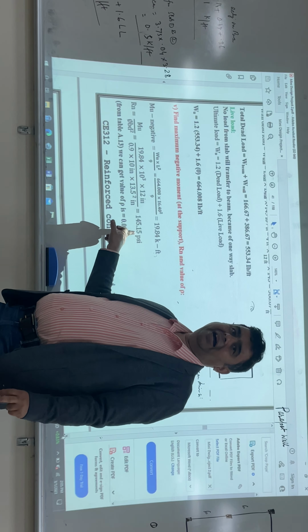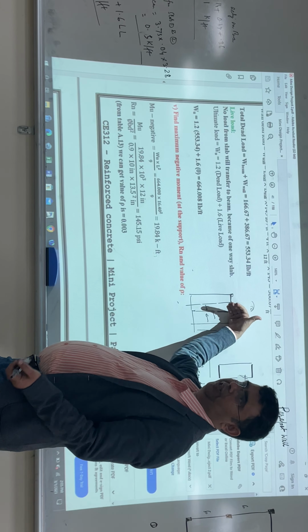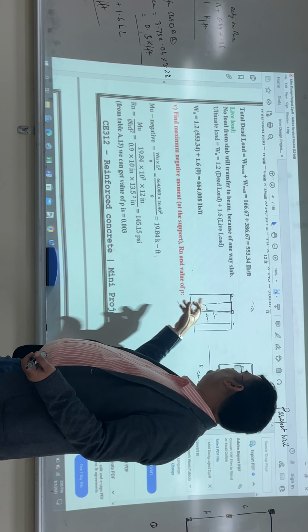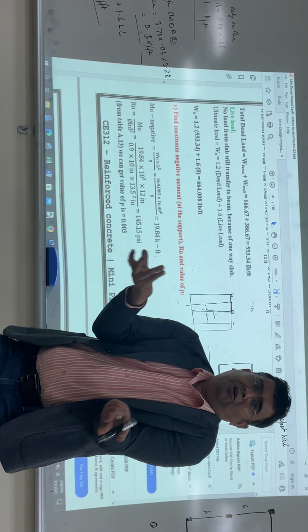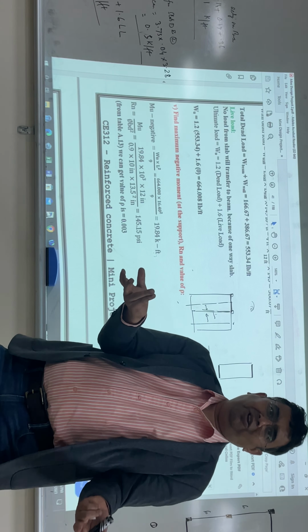He is designing this beam. The slab load goes on the other beam. No load from the slab is going on this beam, only the self weight of the beam and the wall load acting on this beam. The live load will also not go, only the dead load.